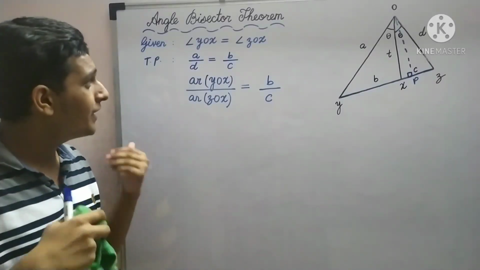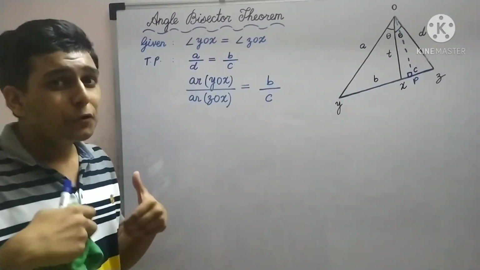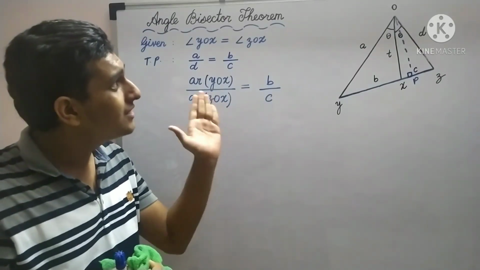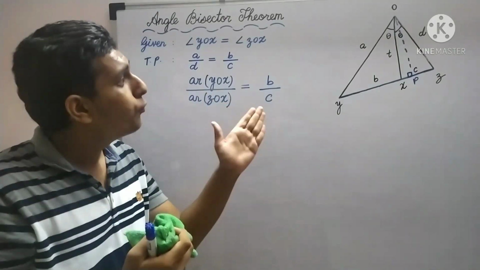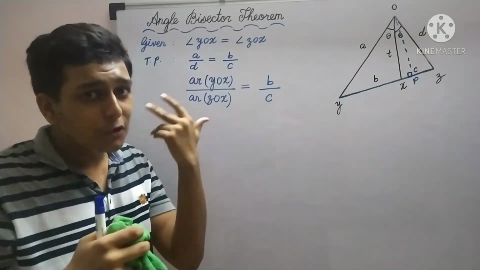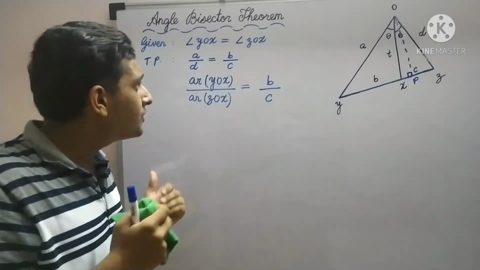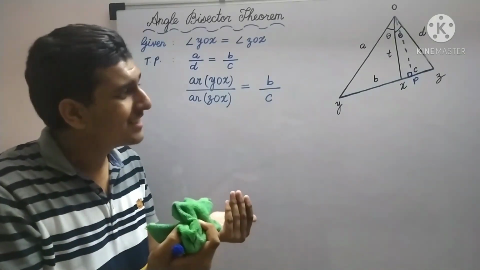This result is quite important, but notice that every other line like XO, which splits the triangle into two, gives this property to the triangles.